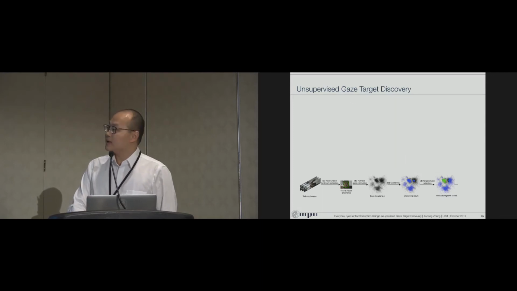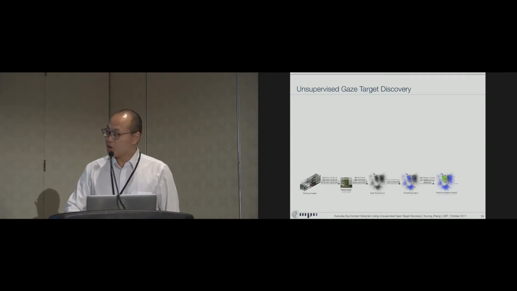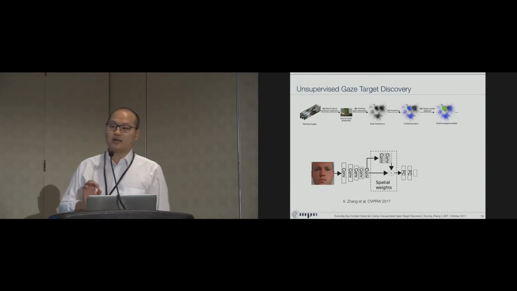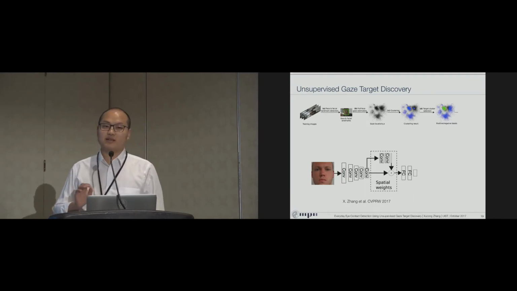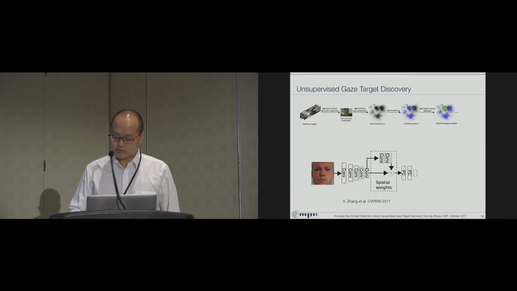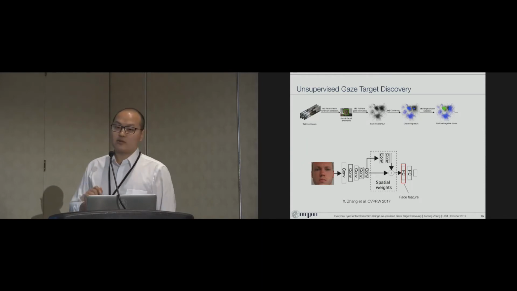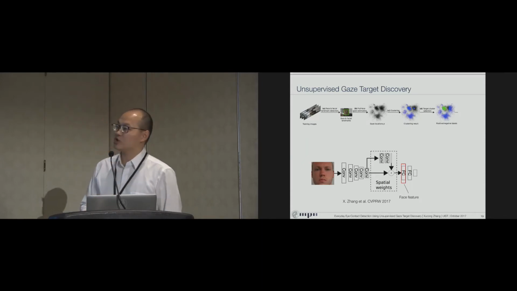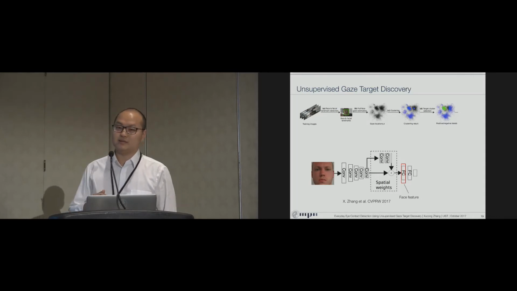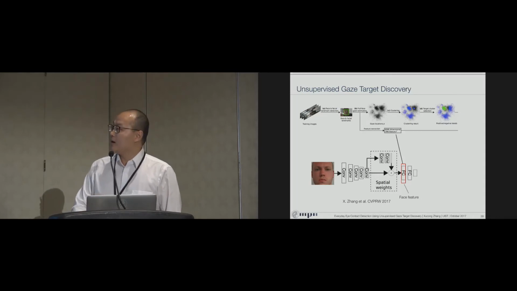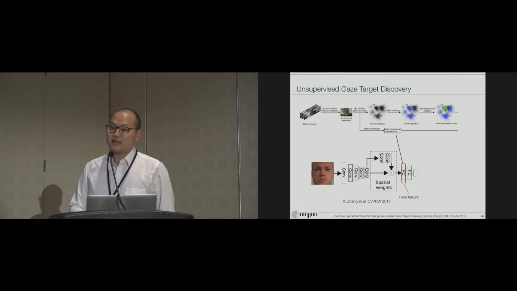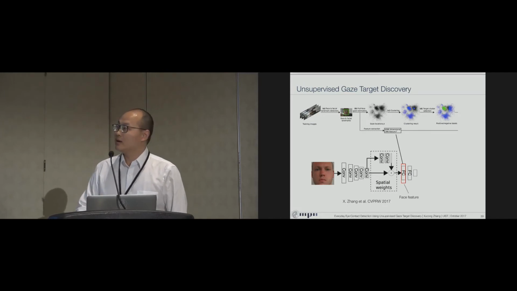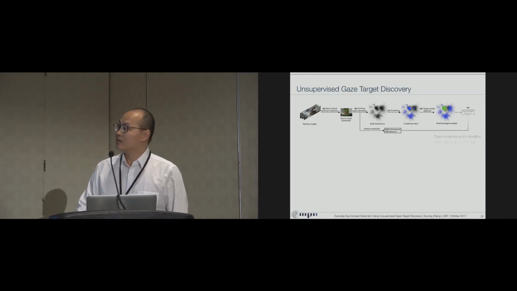Besides the gaze location, we also extract another feature from the appearance-based gaze estimation architecture, from the first fully connected layer, and we call it the face feature, which is 4096-dimensional. We train the eye contact detector with this face feature.